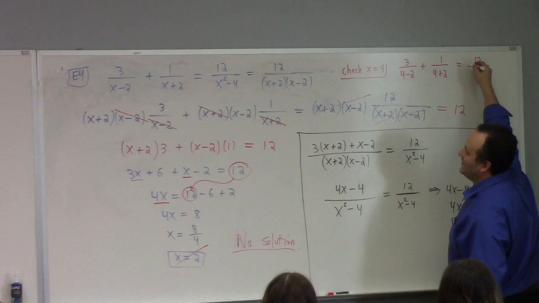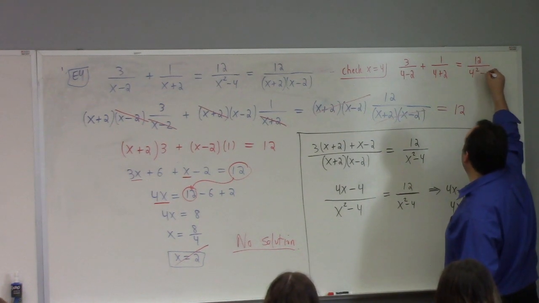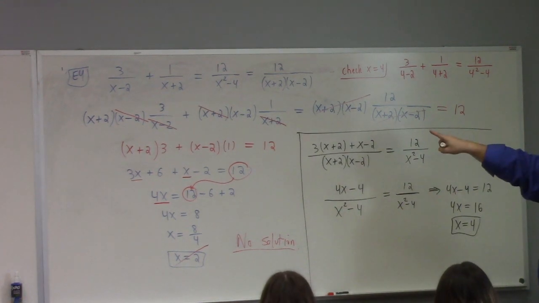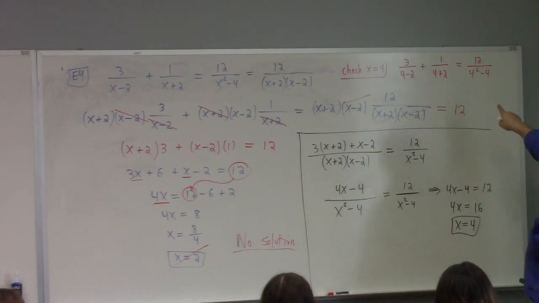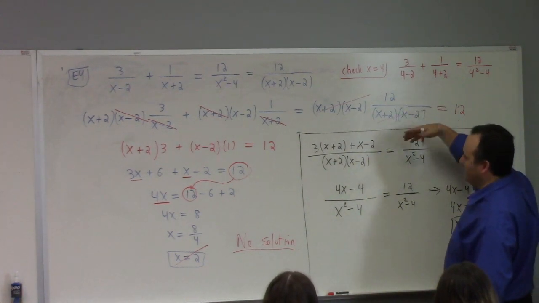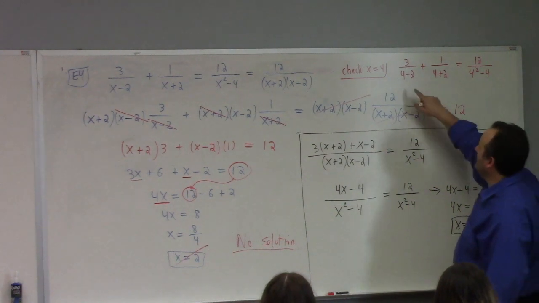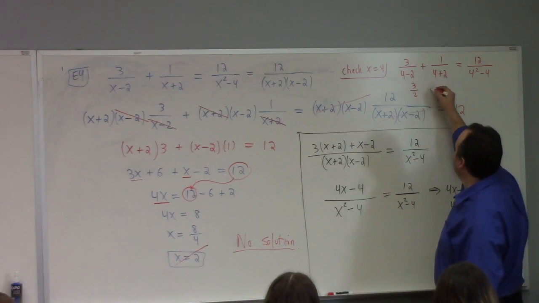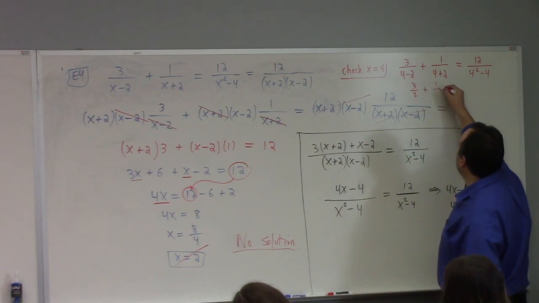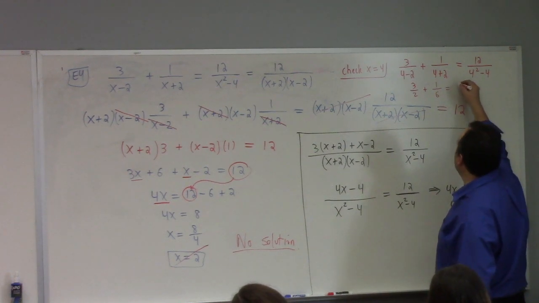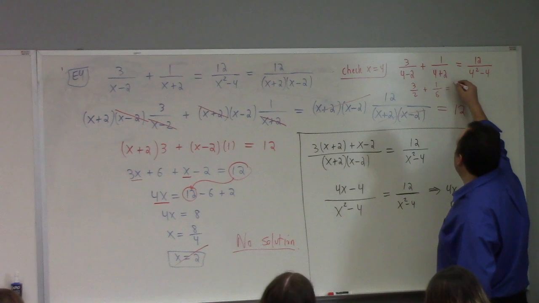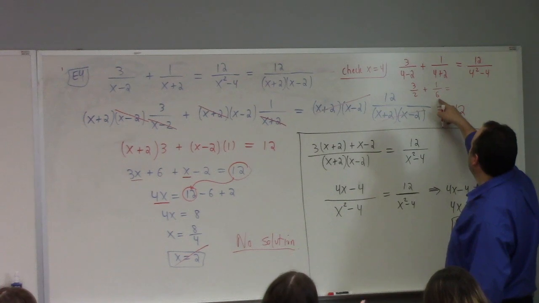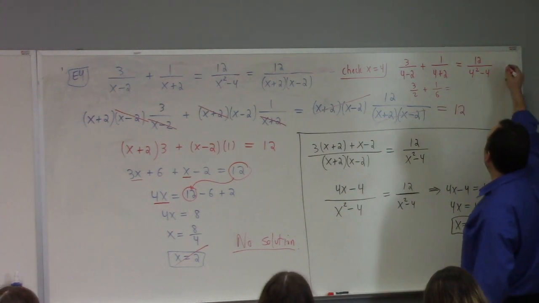Well, forgive me if I don't trust Photomath here. Let's see, 4 squared minus 4. I'm plugging 4 into the original equation. If it works, it works. I think it's going to. So that's 3 over 2 plus 1 over 6. Oh, this is 1?